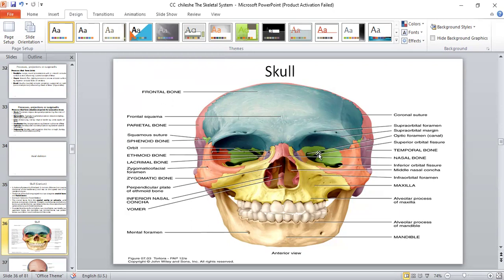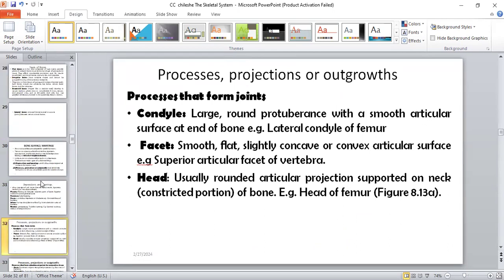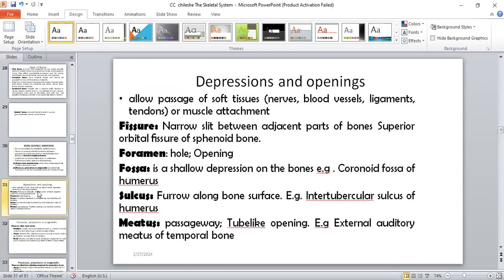These openings that look like slits are known as fissures. So here in this orbit, we have the superior orbital fissure and the inferior orbital fissure. That is what those fissures are.